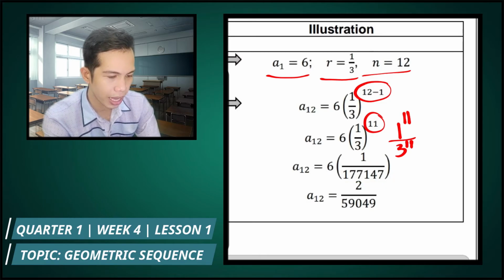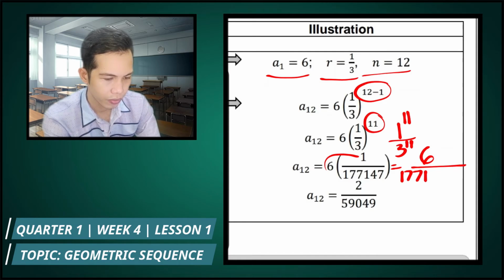Next, multiply 6 times 1, that is 6 all over 177,147.